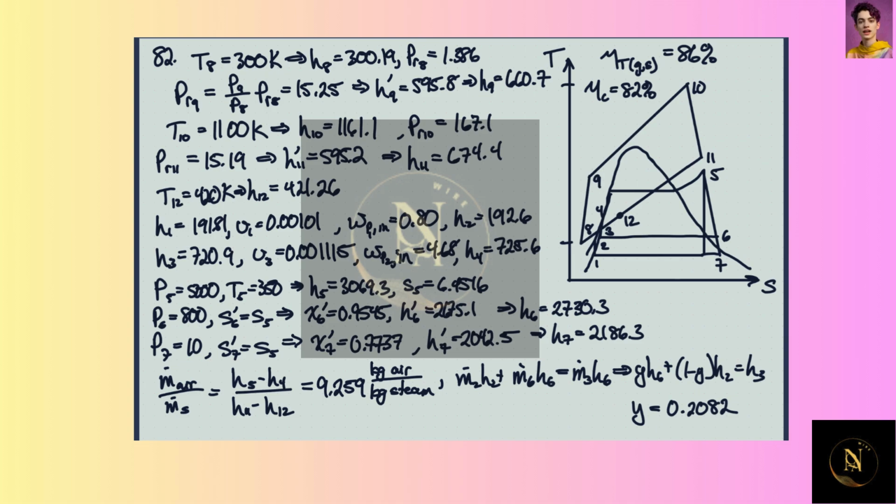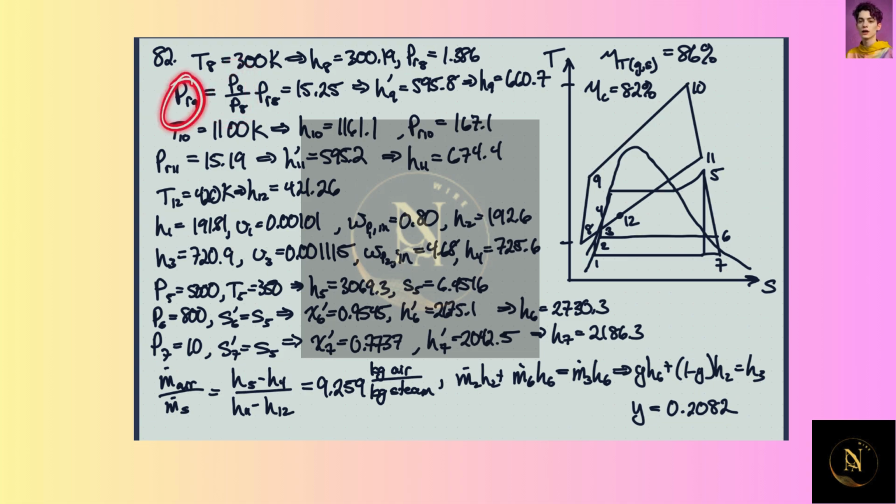We got 300 Kelvin at 8, so it's air, so we'll use the ideal gas, and we'll use reduced values to get a little better approximation. So we have about 300 kilojoules per kilogram as H. The reduced pressure is 1.386. We know the pressure ratio here was 11.